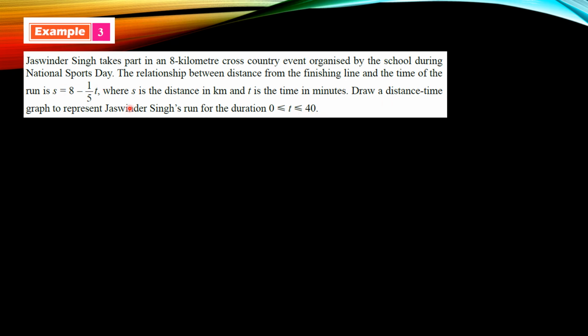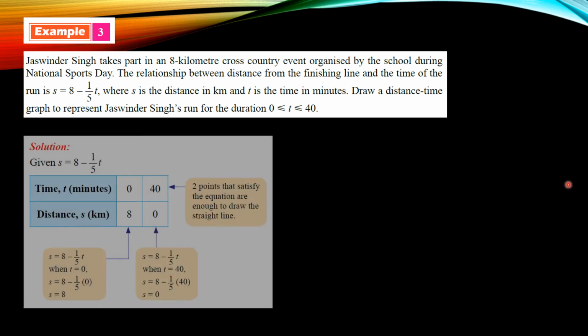Given the equation S equals 8 minus 1 over 5t, and the range for t is from 0 to 40, you just substitute. First we draw the table.